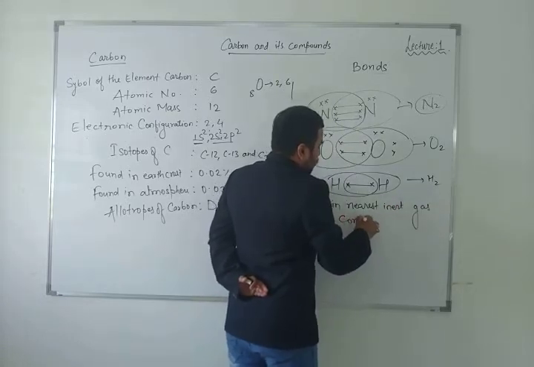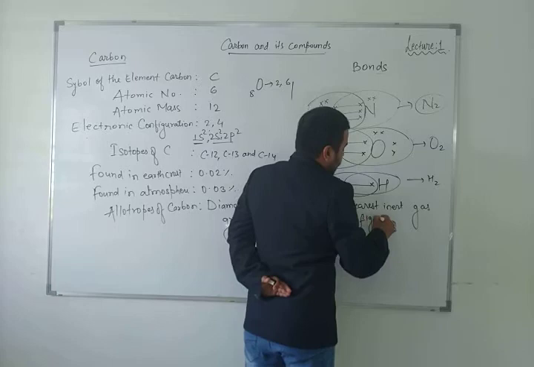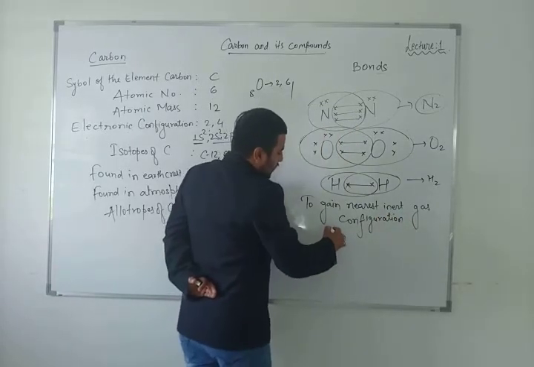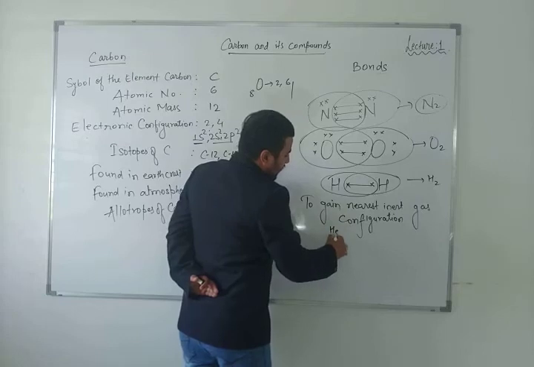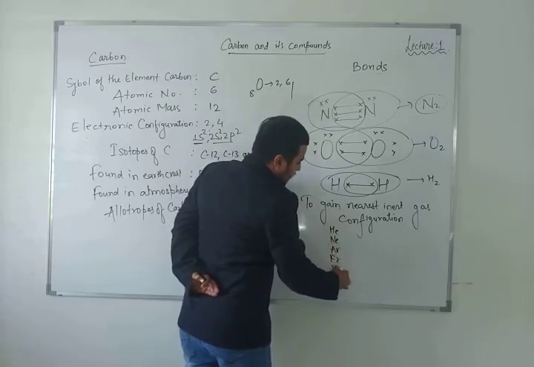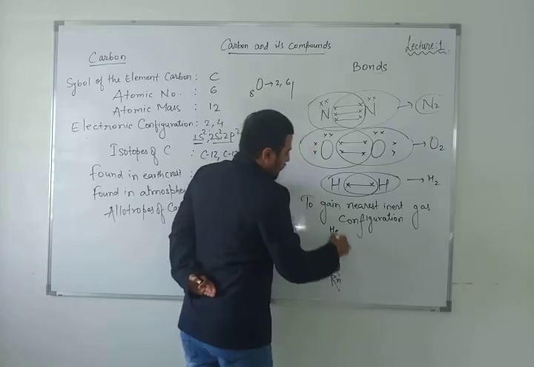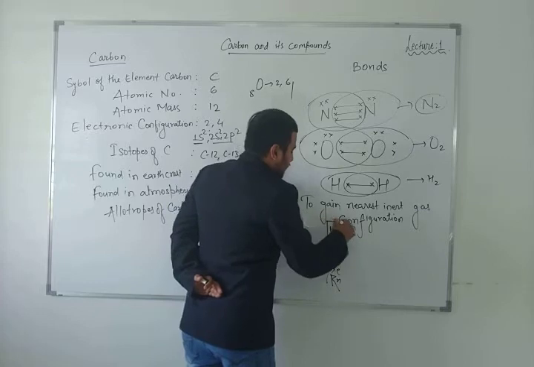Now anybody will ask you, what is this nearest inert gas configuration? My dear students, all the noble elements, helium, neon, argon, krypton, xenon and radon, are inert gas elements.